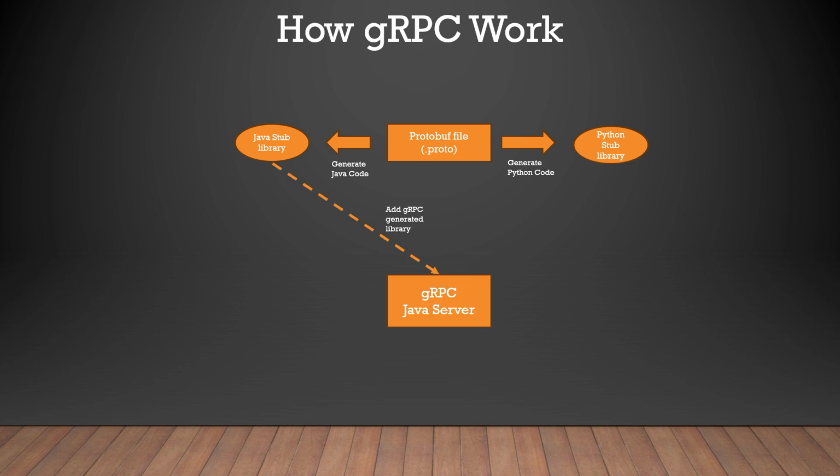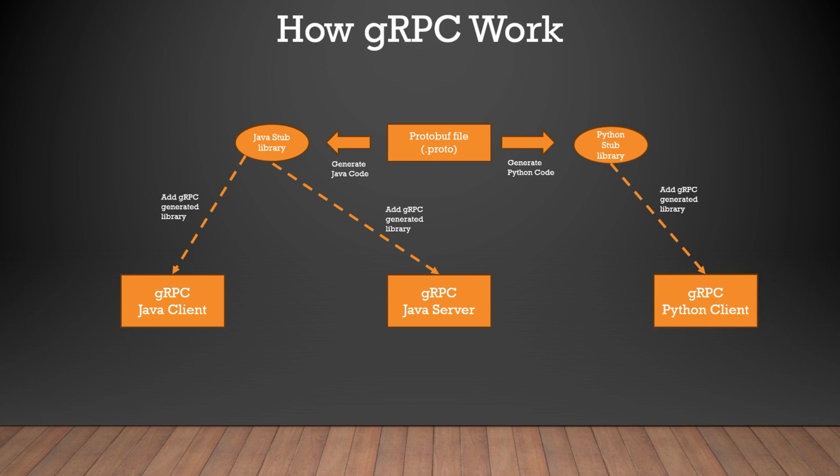We are creating a Java gRPC server here. That means we have to add the Java stub libraries in the POM file and add the server specific code there. For the Java client, we'll again add the stub files, then create the Java client. In the same way for Python as well.